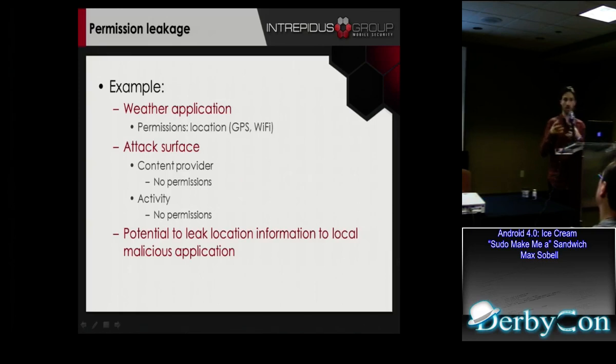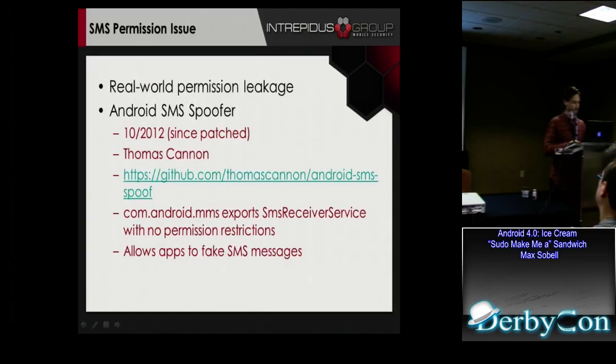An application already on the device abuses a permission that it has and presents it in a kind of open fashion, and any application on the device can access it. Android SMS spoofer was a really cool example of this.